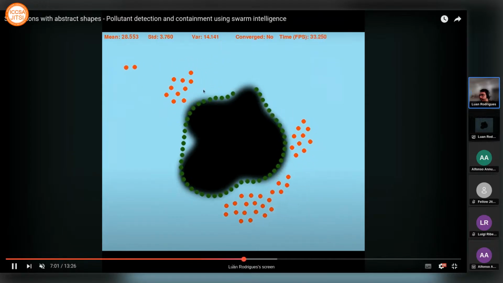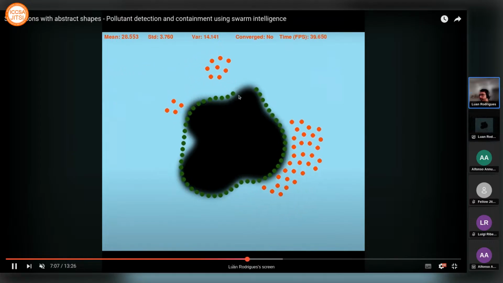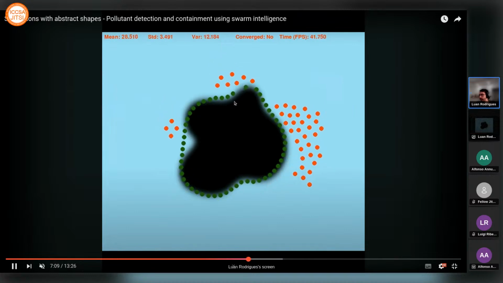They have some difficulty to find the spill, but eventually they will find it, since the PSO code guides them.